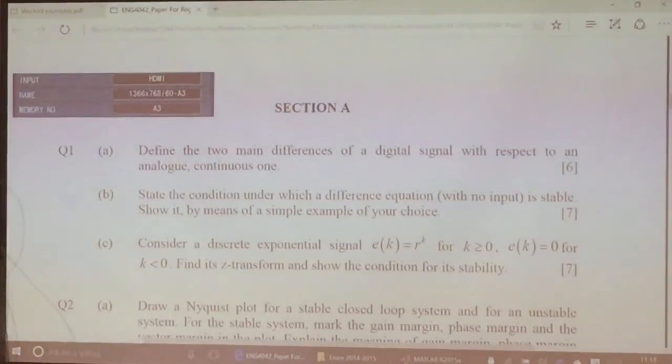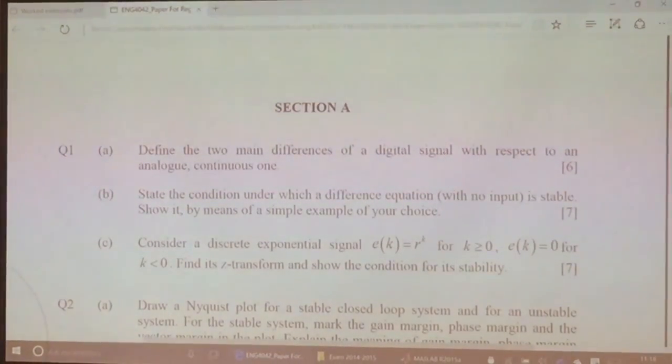The second one says: state the condition under which a difference equation with no input is stable. Show it by means of a simple example of your choice. So what is a difference equation with no inputs?